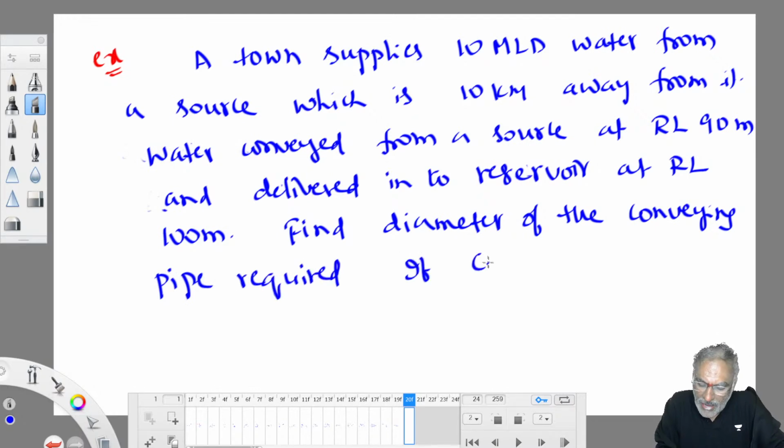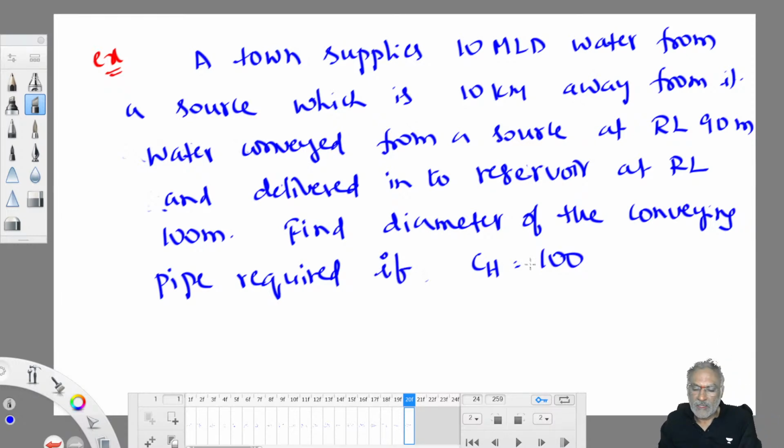If the Hazen-Williams coefficient CH is equal to 100, take it otherwise. Take the Hazen-Williams coefficient CH is equal to 100, which means you are expected to work out by using the Hazen-Williams formula. So indirectly given 10 kilometers, 10 meters.